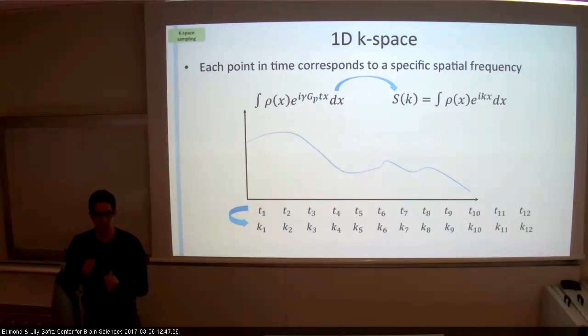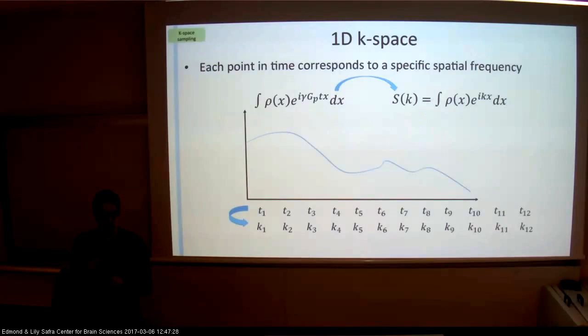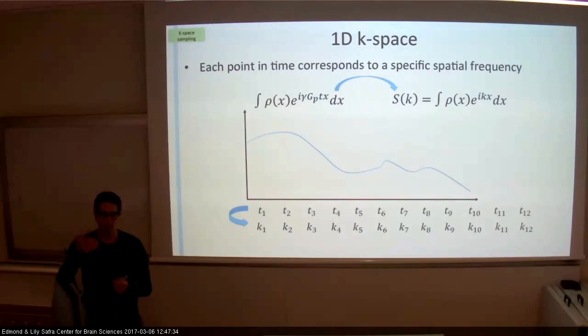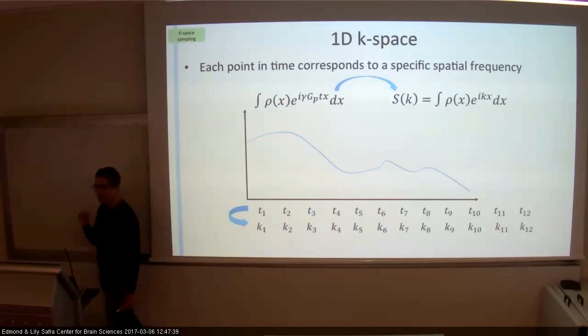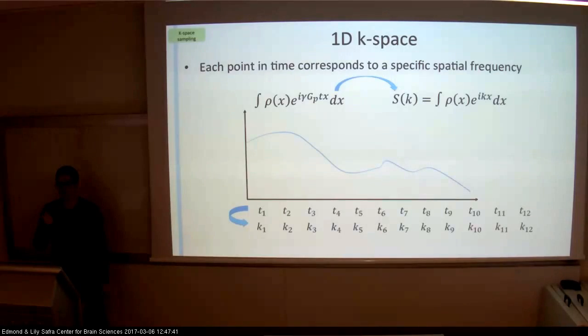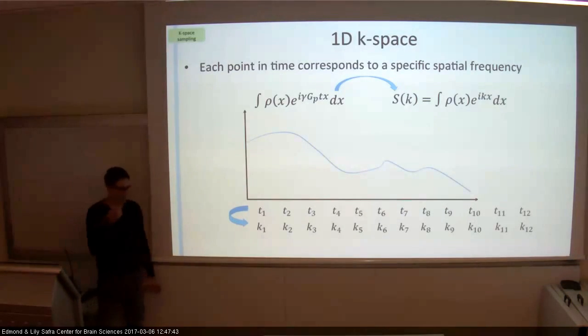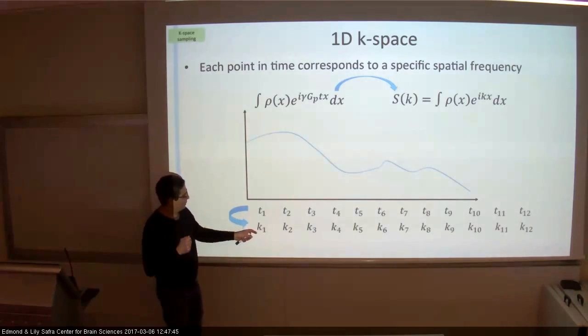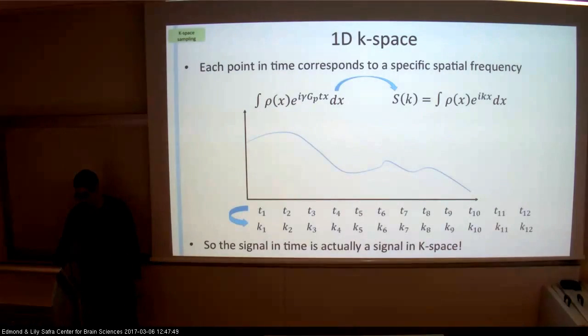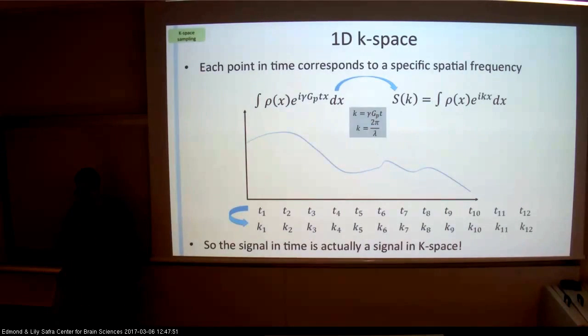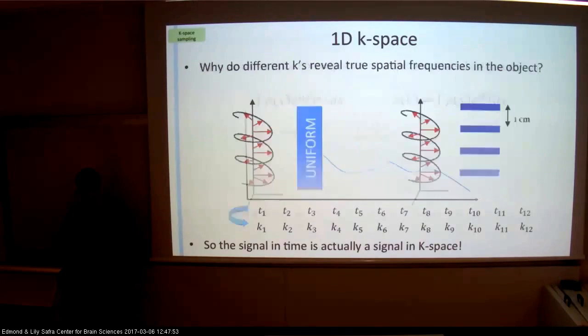Because you remember we changed the lambda, we got different weights of different frequencies in space. In each time we're measuring, we're essentially getting a measurement of a specific spatial frequency. And that's how we accumulate a signal in K space.